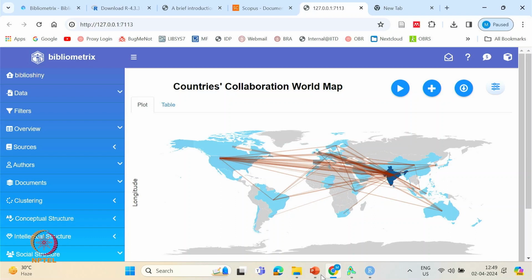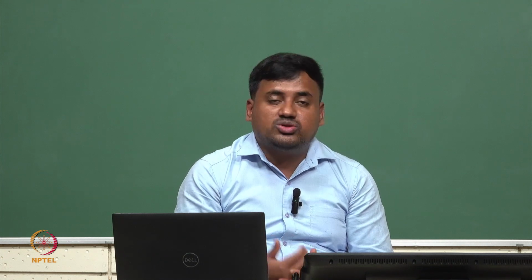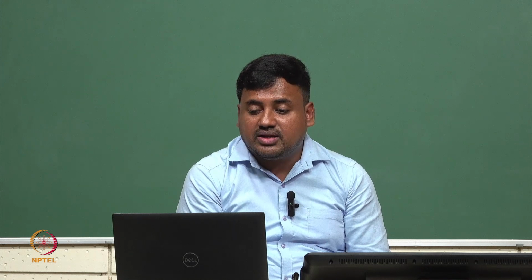We imported the data into the bibliometrics tool, and we saw analyses like year-wise production, prolific authors, number of sources, number of references, and also citation-based analysis like the most cited papers. We also saw the country collaborations, especially collaboration networks, using this bibliometrics. Clearly one can use this as a bibliometrics tool for doing the entire research analysis.